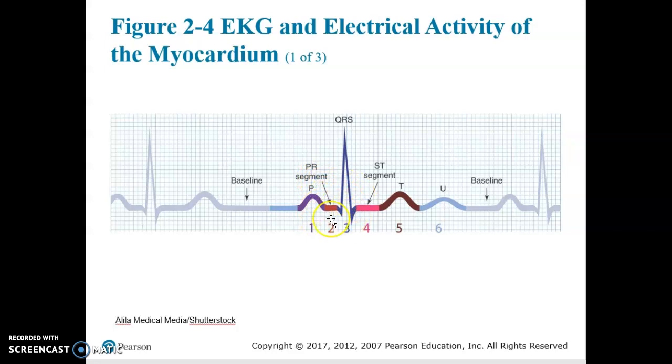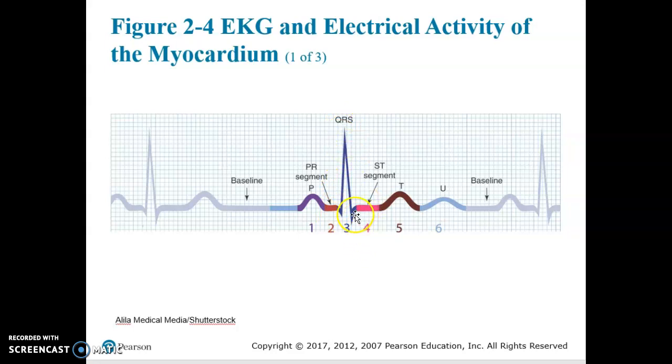This is the PR segment. The PR segment is the flat line between the P wave and the QRS, and the ST segment is the flat line between the QRS and the T, okay? This flat line indicates electrical silence, okay? But this is your PR segment, and this is your ST segment, because we have our QRS.